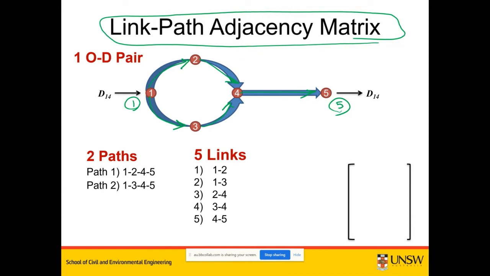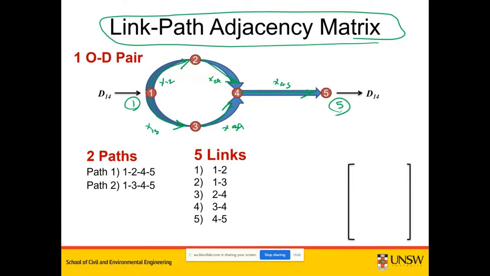So I have 5 links, and these are the volumes of them: x1,2, x2,4, x1,3, x3,4, and x4,5. But I have only 2 paths, right?